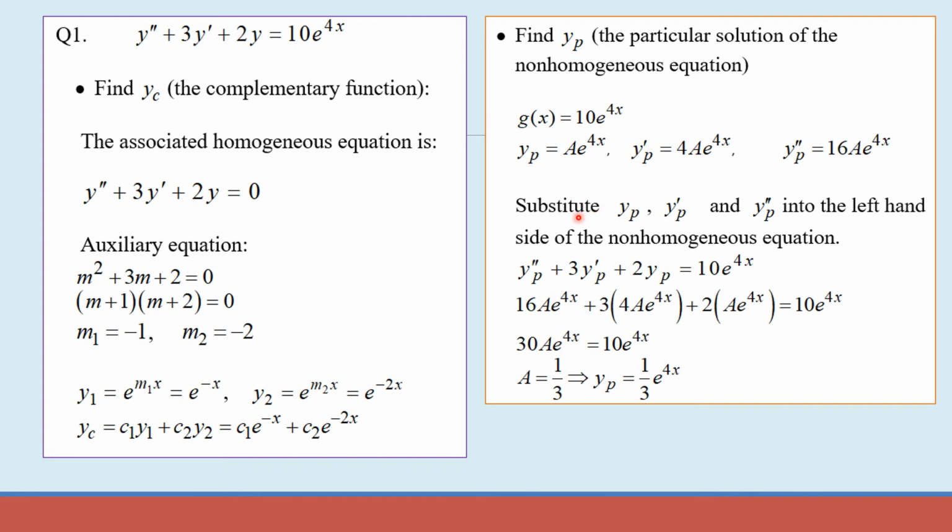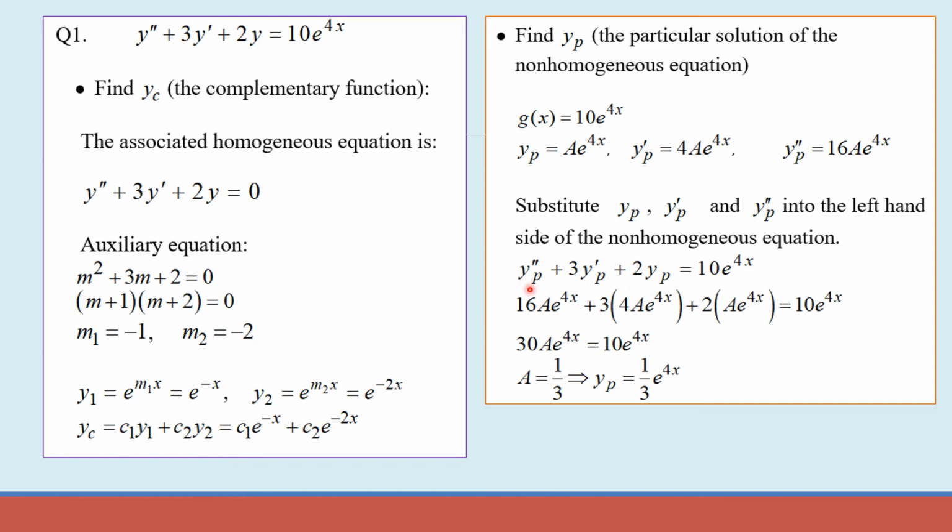After this, we need to substitute yp, yp prime and yp double prime into the left hand side of the non-homogeneous equation. So this is the non-homogeneous equation. You substitute into the left side of the DE.